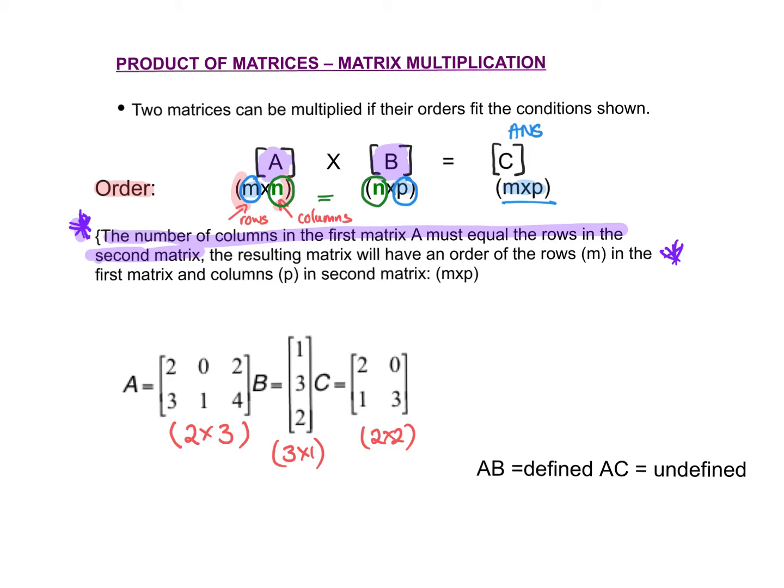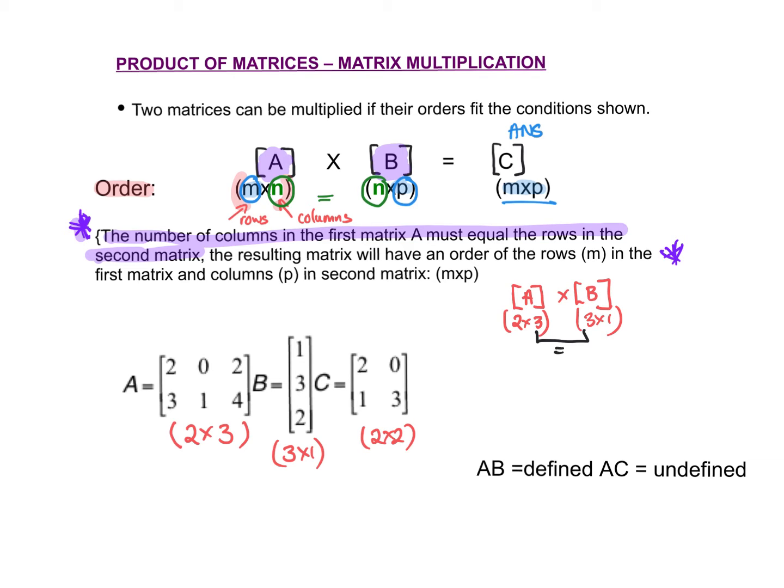Good. So I could give the question, can matrix A be multiplied with matrix B? What we'll do is underneath, we'll put their orders. So A was a 2 by 3 and B was a 3 by 1. What I'm saying is, because these two numbers are equal, can you see they're both a 3?